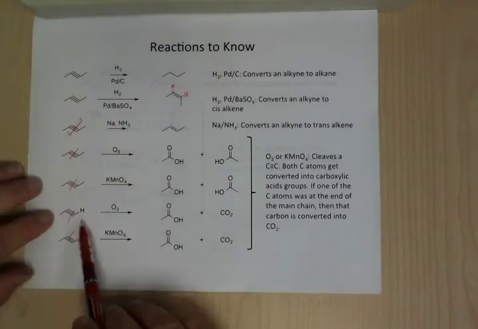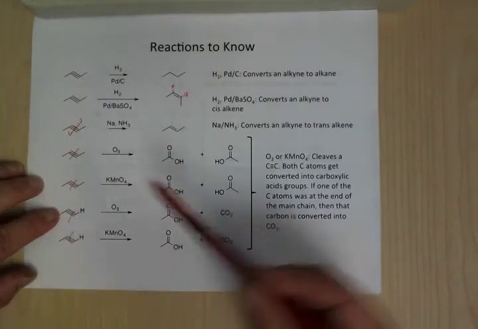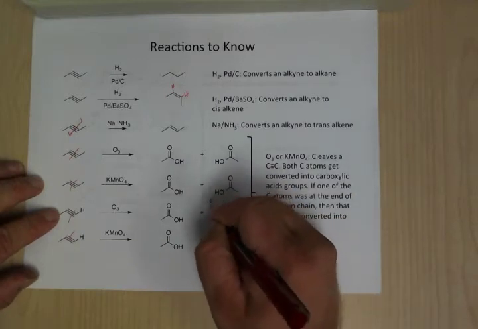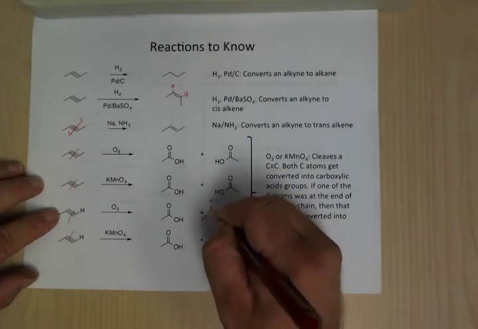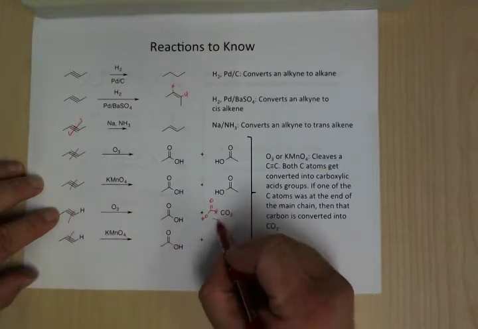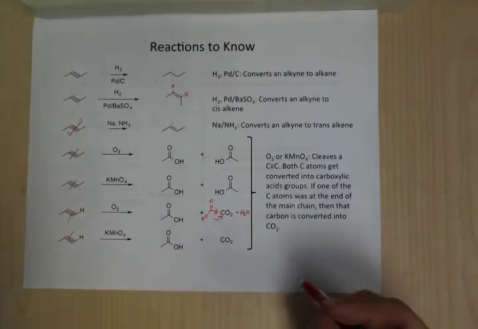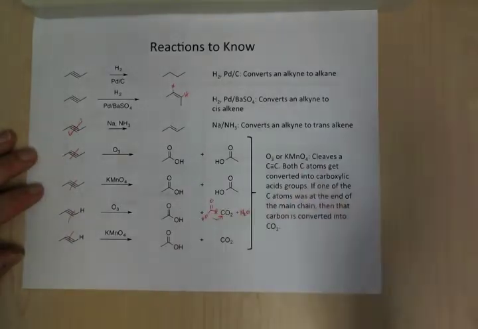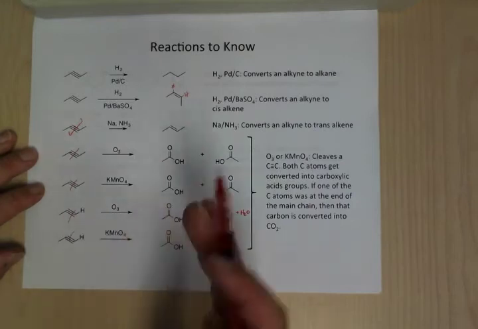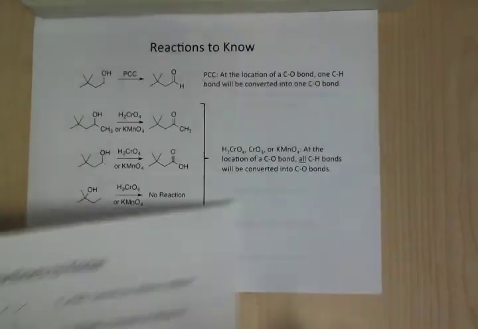Now there's a special case where if it's a terminal alkyne, you would end up with formic acid. This can get further oxidized by the ozone or the permanganate into CO2 plus water, ending up as carbonic acid. So you bubble out CO2, and only the other side remains.